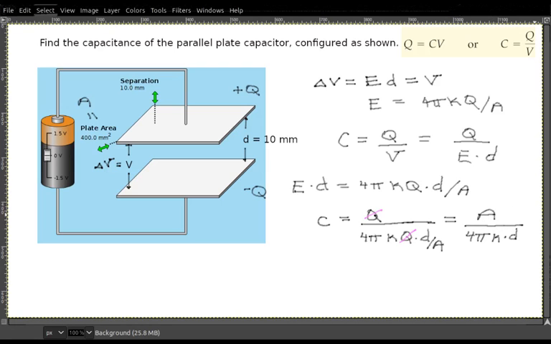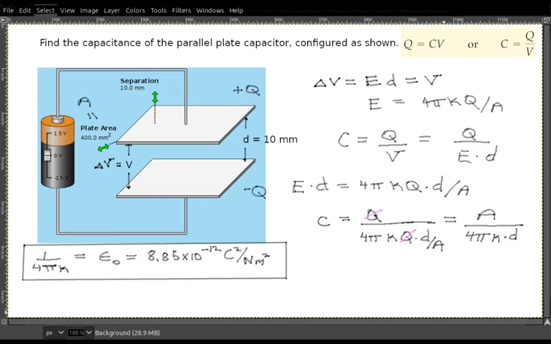Okay, moving on. The collection of physical constants, 1 over 4 pi K, is defined to be epsilon 0, known as the permittivity of free space, which has the value 8.85 times 10 to the minus 12 coulomb squared per Newton meter squared.